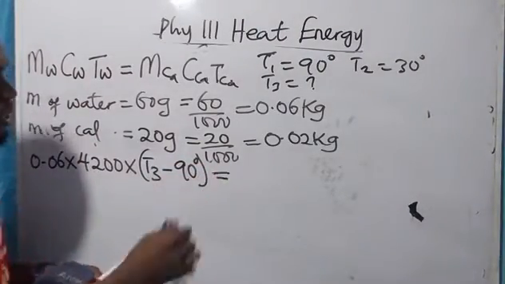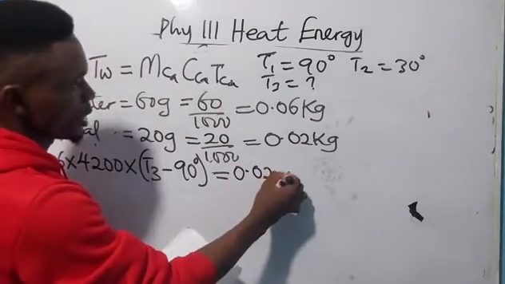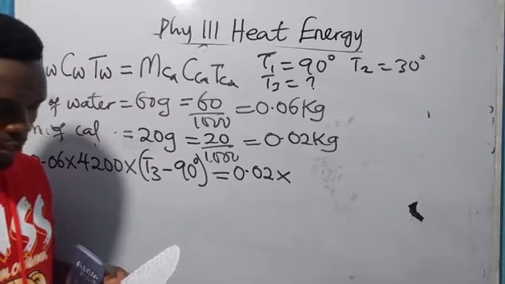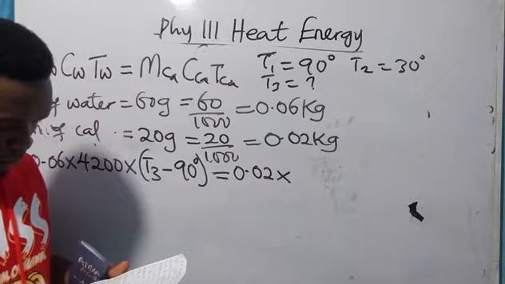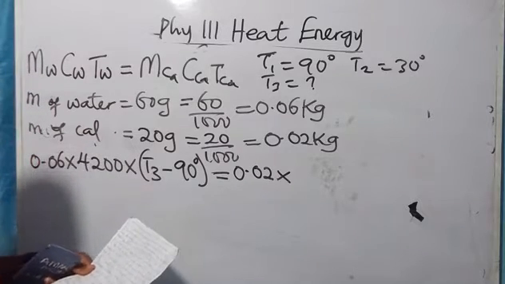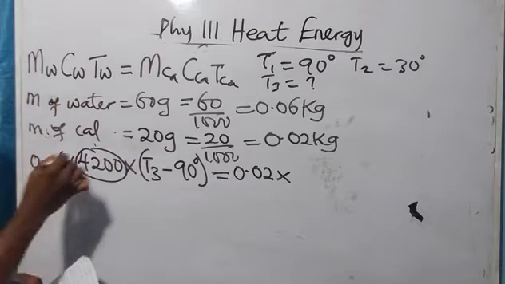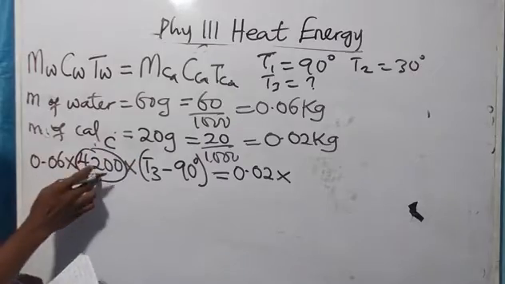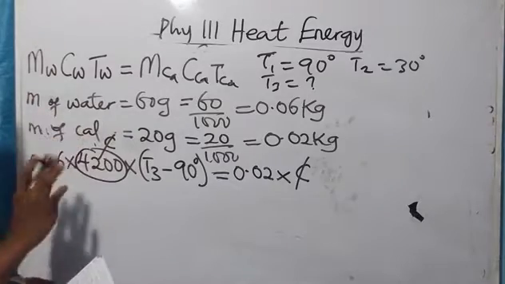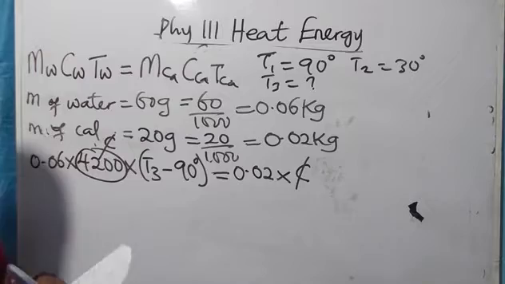So equals the mass of calorimeter, 0.02, times the specific capacity of calorimeter. It wasn't given here, so we are leaving it as C. We are not to touch the C, we cancel them out since it was not given in this question.